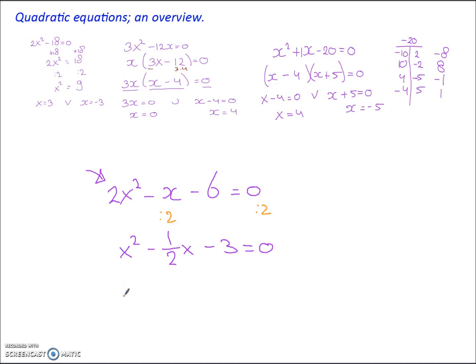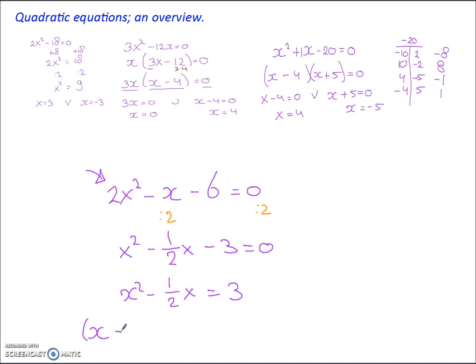In this case, we need to complete the square. So first we're going to write it down like x squared minus a half x is equal to 3. Get that 3 out of the way. And then I write down x, and then I add the half of negative half.